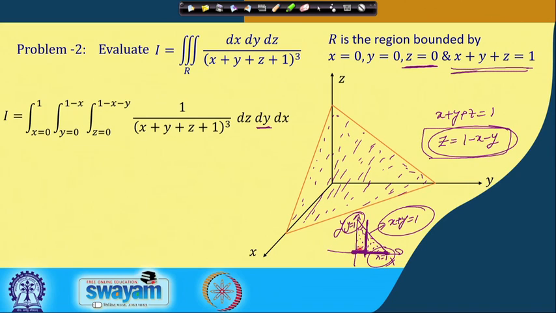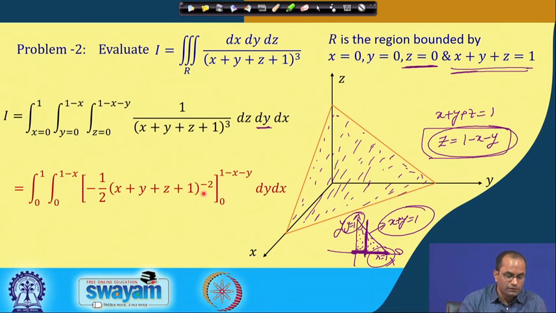And now, in 2 dimensions we know how to fix the limits. For y, the limits are from 0 to this line, which is 1 minus x, and for the outer integral, x goes from 0 to 1, as given here.